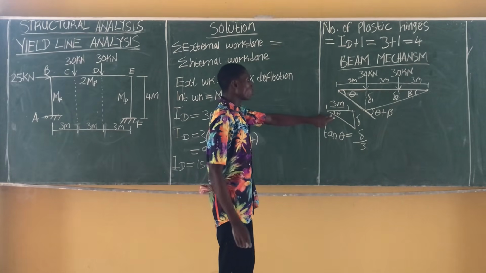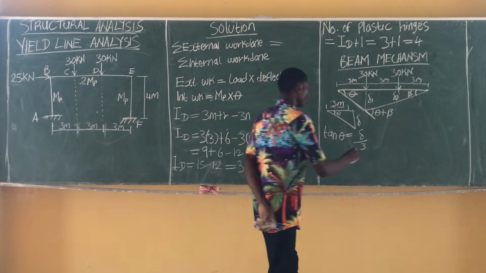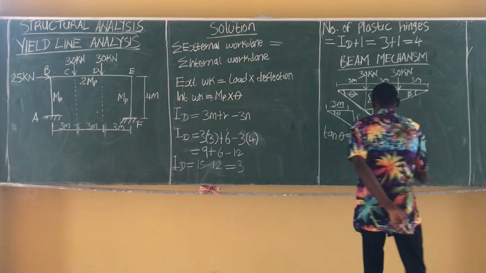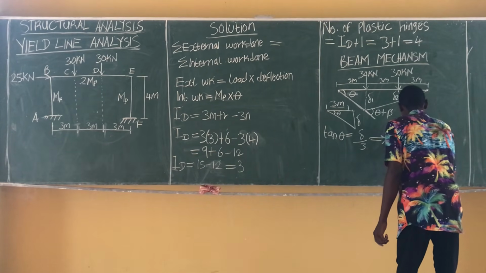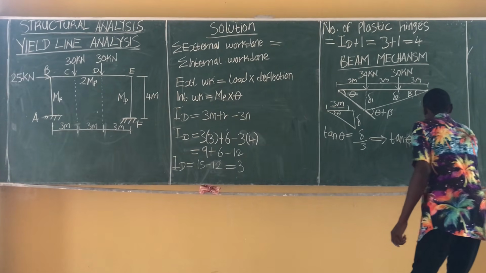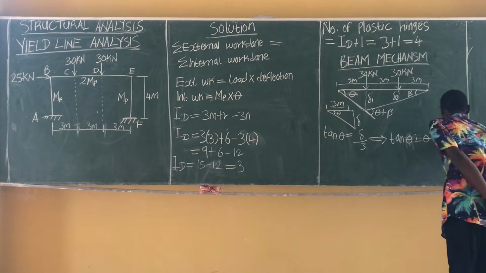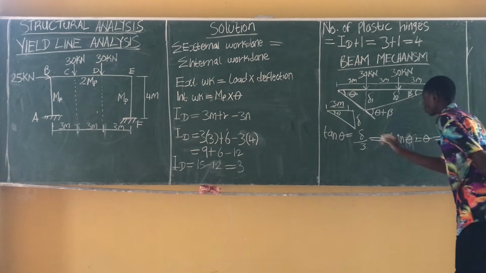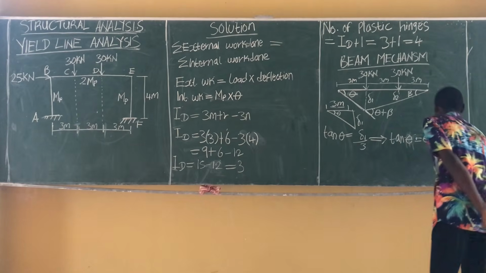But because this angle is so small, tan theta is equal to theta. So theta is equal to opposite over adjacent, so this deflection, which is deflection 1, over 3.